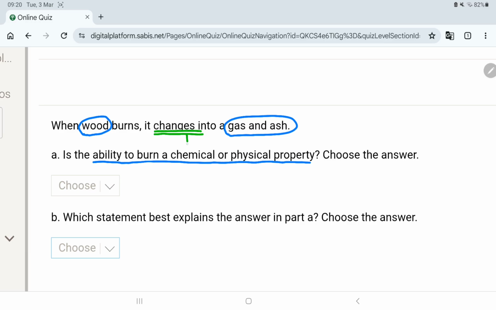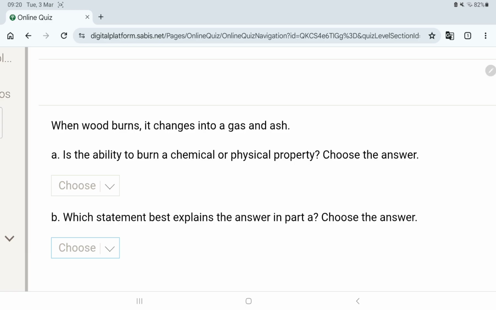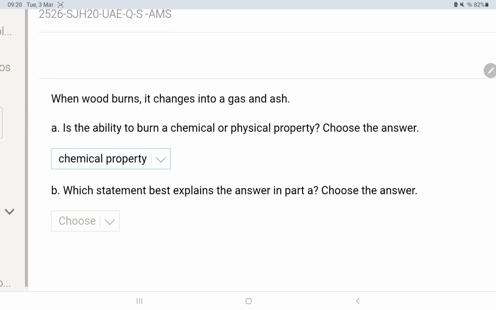When something changes, it's a chemical property, right? So is the ability to burn a chemical or a physical property? Chemical. Why? Because it changed into gas and ash, right? So why is it chemical once again? Because it changes. So it is a chemical property.